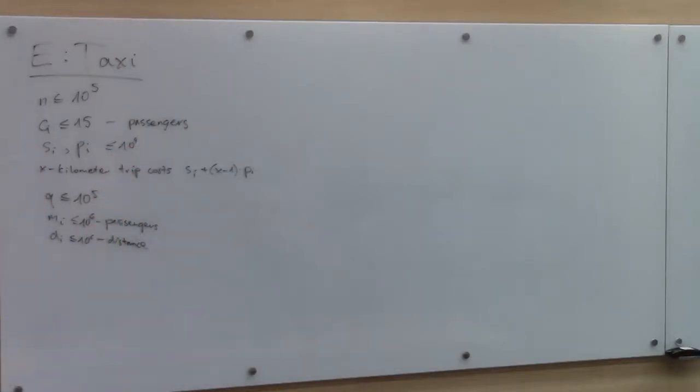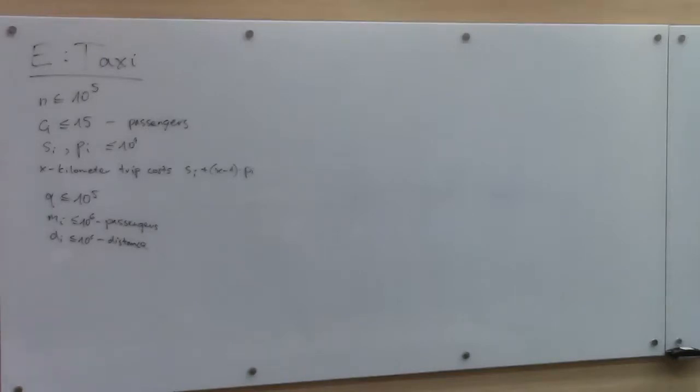Okay, so the task formulation is pretty complicated because we have a lot of parameters, and basically what we are asked for every query is to find the cheapest cost of putting all of these passengers into the cabs.